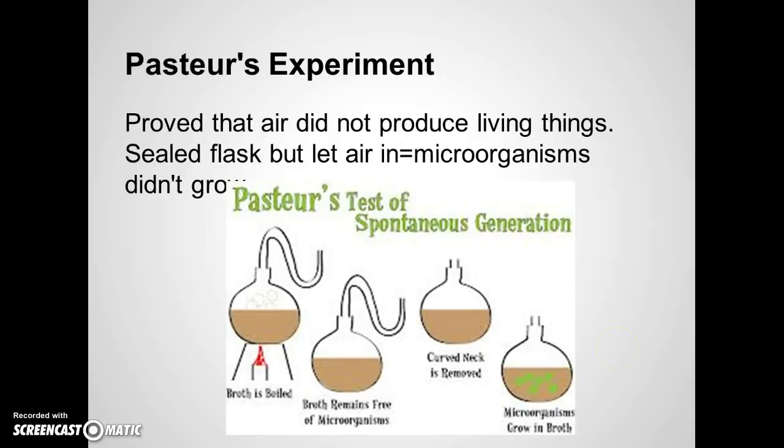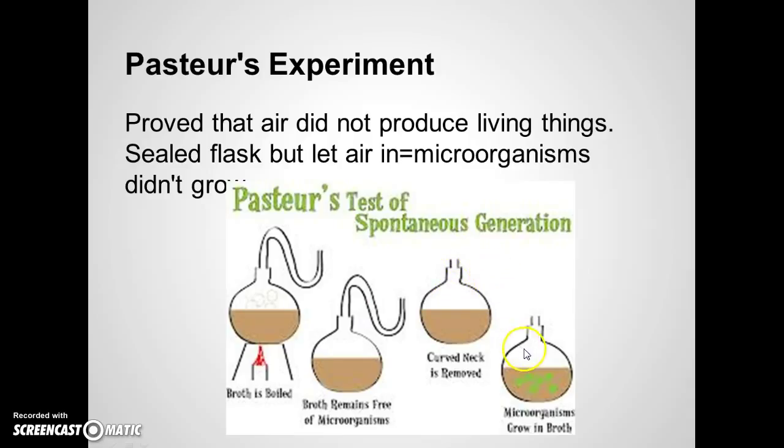Broth left out, like chicken broth or chicken noodle soup, is going to end up with some bacteria growth, microbes, because at that time they were also noticing that there were cells in the world. The broth was boiled so that there were no living things. He made a neck opening that prevented flies from flying in, but still had air exchange. And then he had another one that was open to the air and did not have a curved neck.